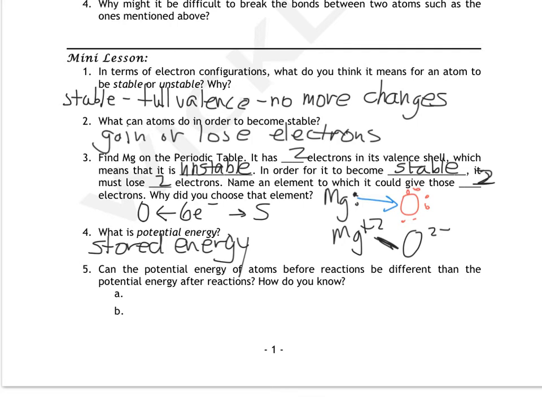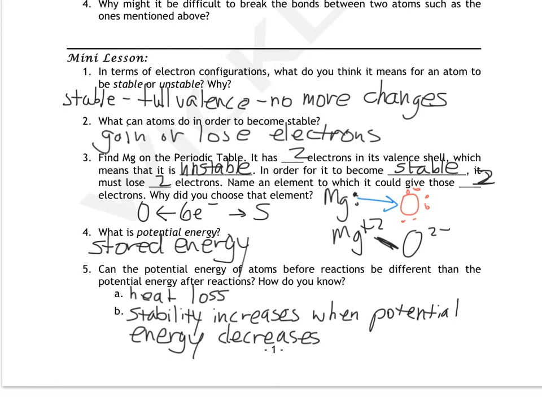So when you have fire or light or heat or sound being released by a chemical reaction, what you also have is stored energy that's being spent. It's being released. And that's proof that the potential energy of an atom can change. So I wrote down the 2 ways that I know are heat loss, that's energy being lost, so I know that there are changes in energy happening.